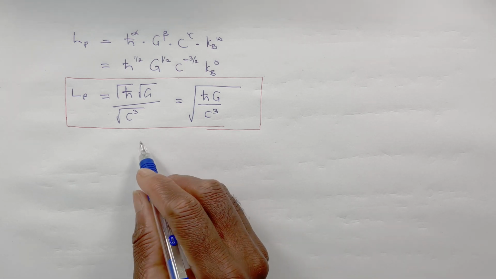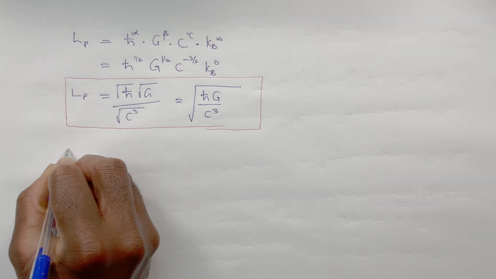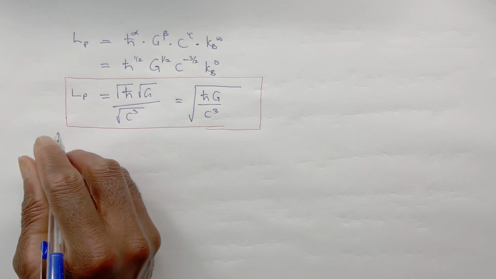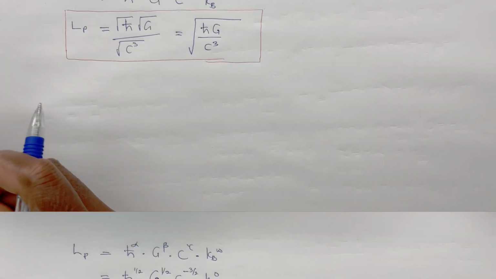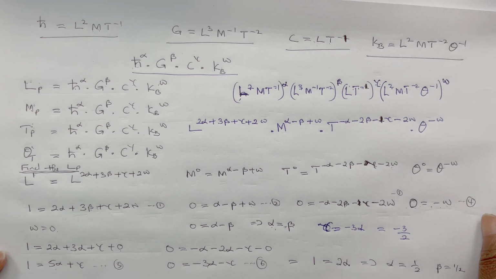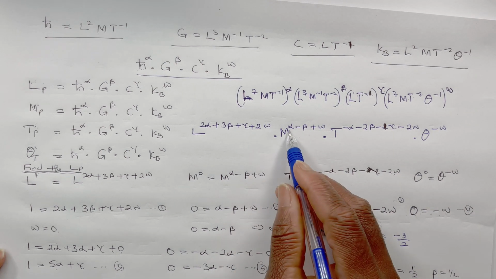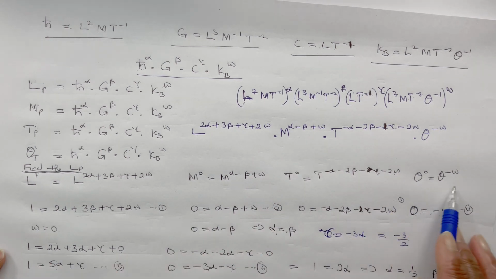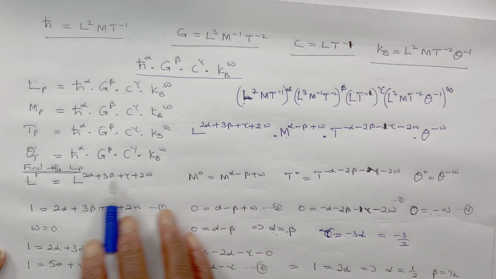Now we need to find the Planck mass. So we use the same approach that we did before. If I take this back in, we're going to use that formula now. This will be 1, and that will be 0.